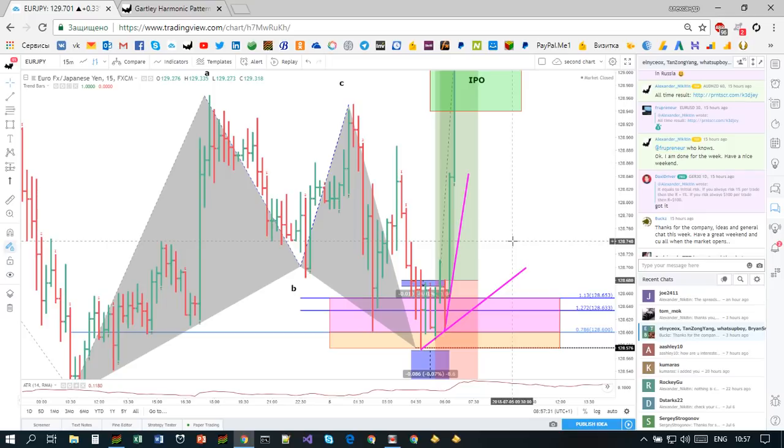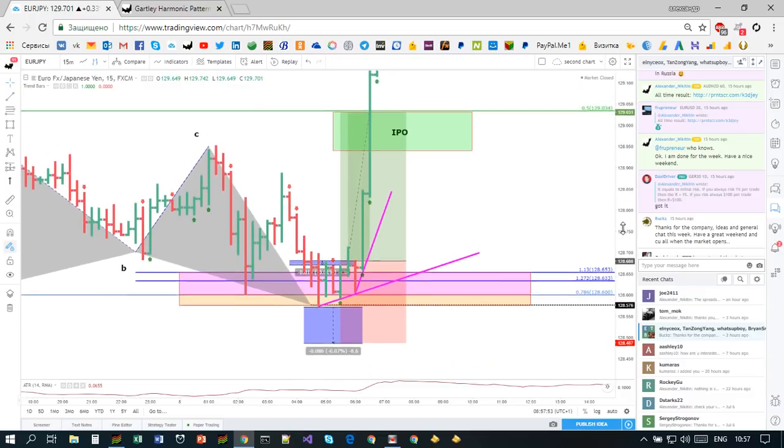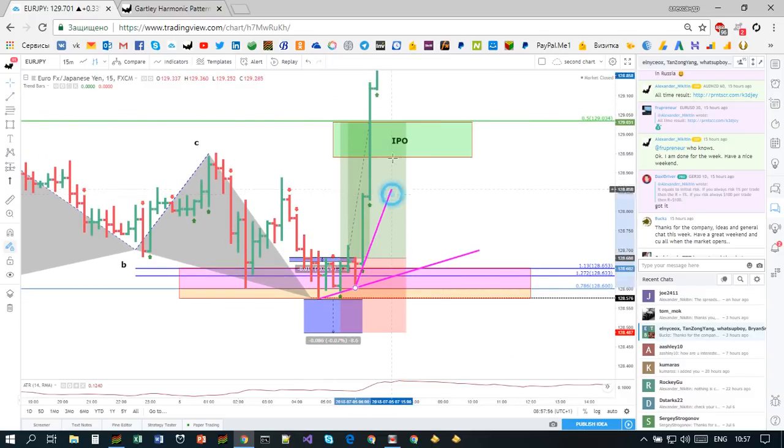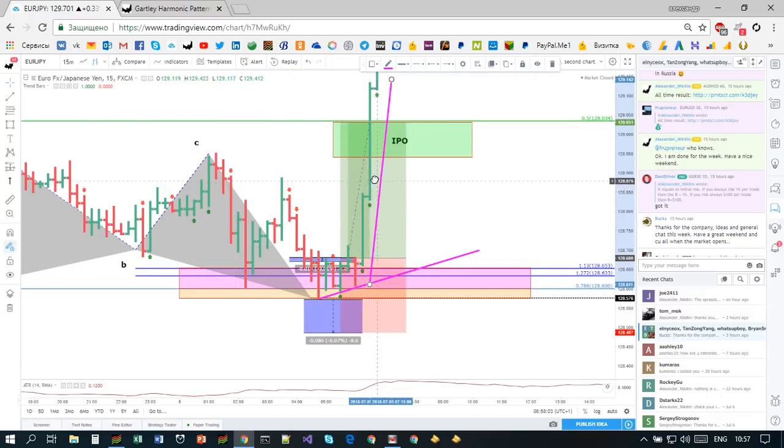This second completion is the indication that this time you should have extended targets, and look at your higher time frame, or maybe you have a larger pattern coinciding with this to have higher time frame targets. This is the way to extend targets. You let your targets run.